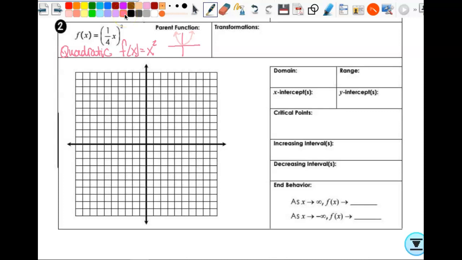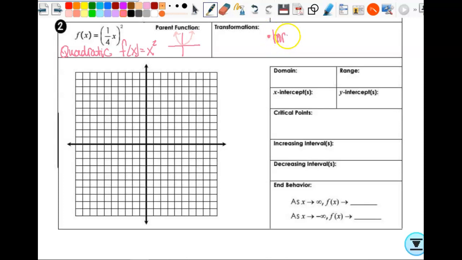All right, so how many transformations do I have? Just 1, right? The only thing that's not the x squared is that 1/4. So if you have something that's being multiplied, that means it's going to be a stretch or a compression, and you have to decide which one, and you also have to decide if it's horizontal or vertical. So does that 1/4 affect x or y? X. So that means it's a horizontal something, right?